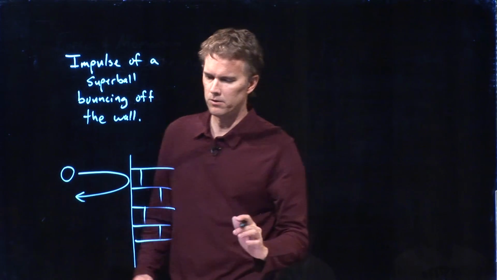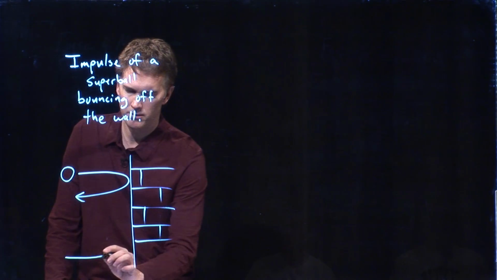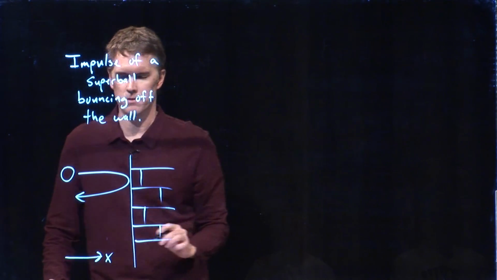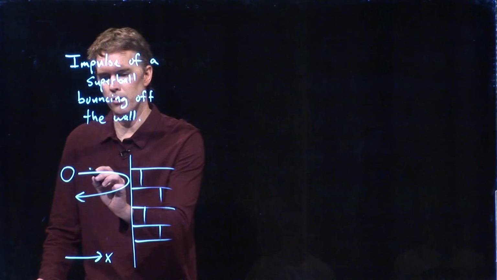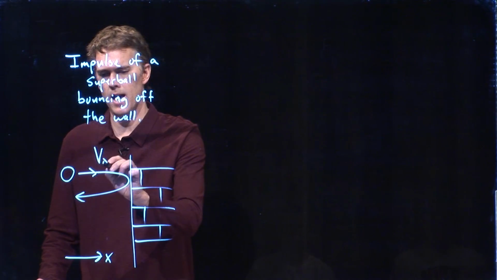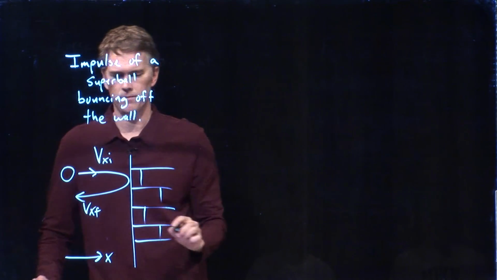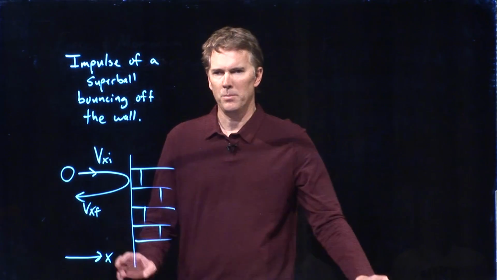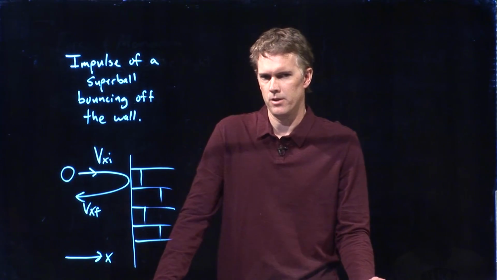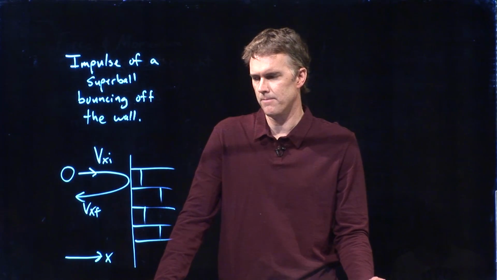So if this is, say, the positive x direction, then we can label these as Vx initial, Vx final. We'll have to be a little bit careful about the directions associated with that.